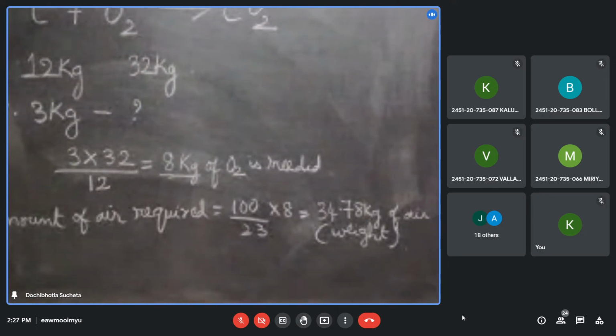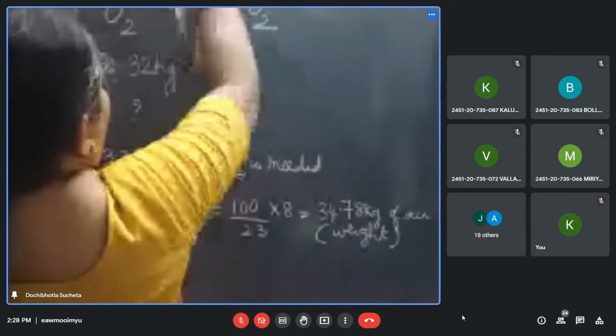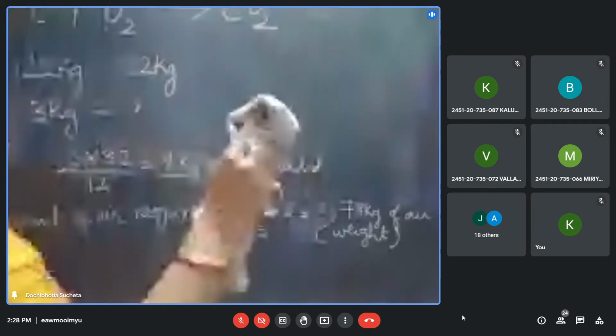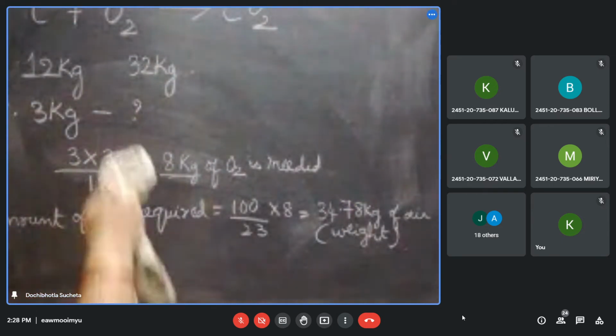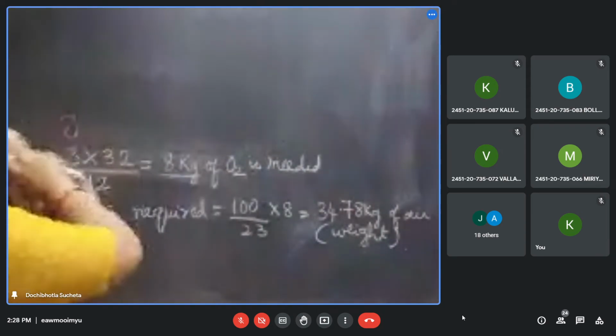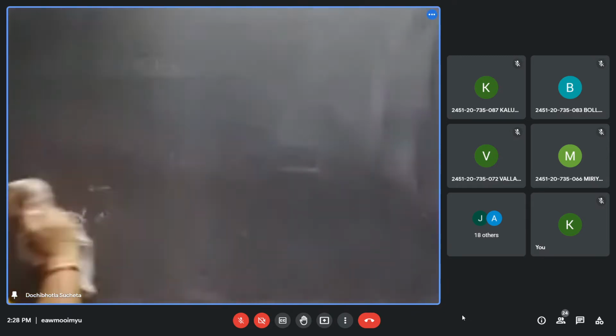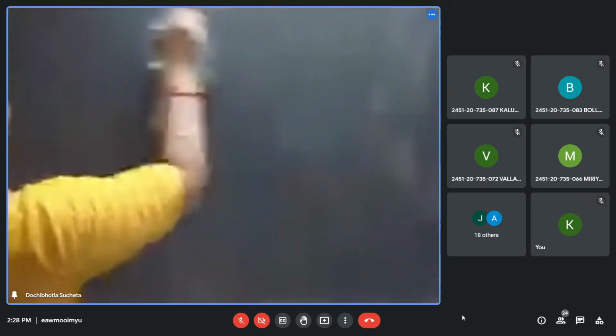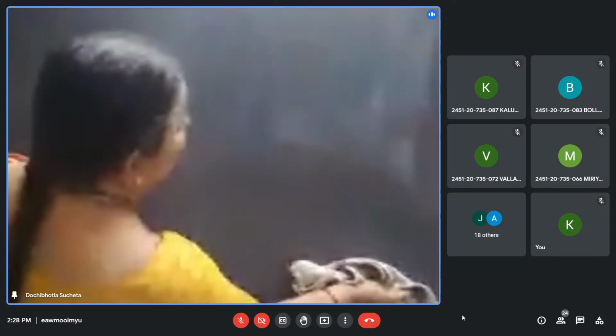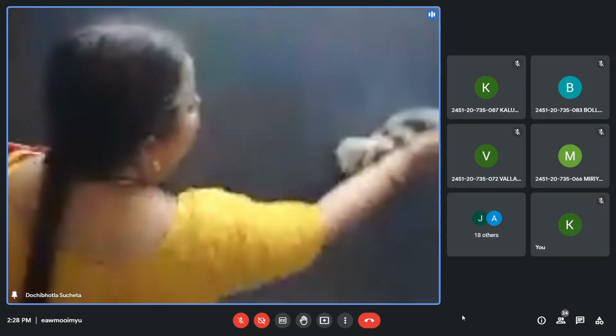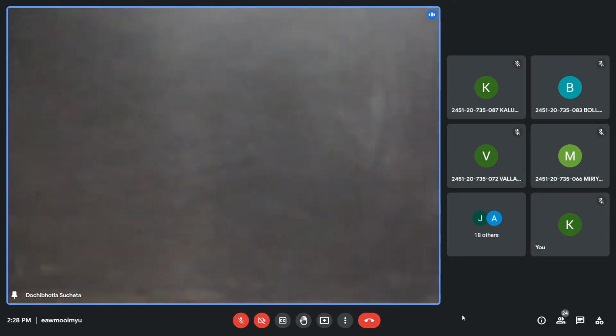Calculate the amount of air required by weight and volume for complete combustion of 16 kgs of methane.